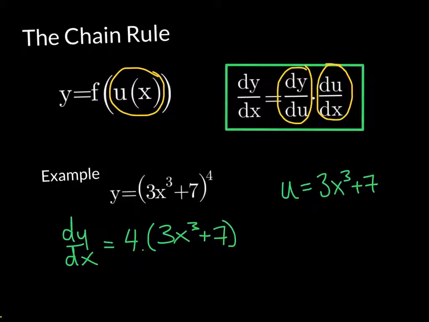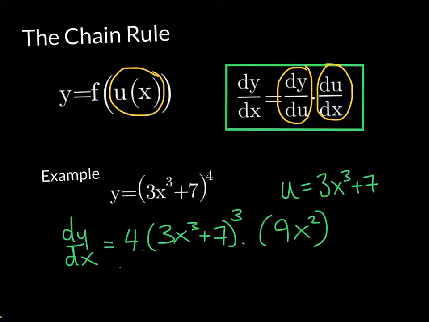And then the 4 becomes a 3 because we minus 1. That is then multiplied by the differential of u. So the differential of u, with respect to x, we bring down the 3 to multiply it by 3, and we have 9x, and the 3 becomes 2. If we differentiate 7, it just goes to 0.